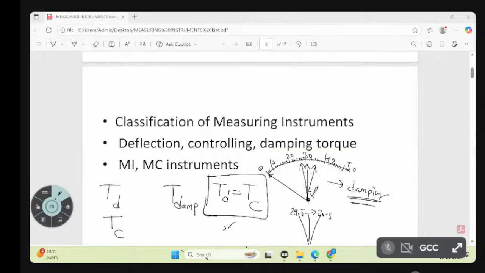In any instrument, the deflecting torque must be equal to the controlling torque. When we are manufacturing any instrument, we have to see that the deflecting torque must be equal to the controlling torque.